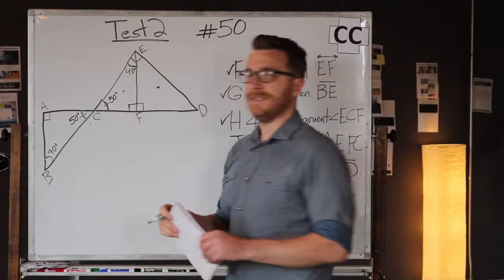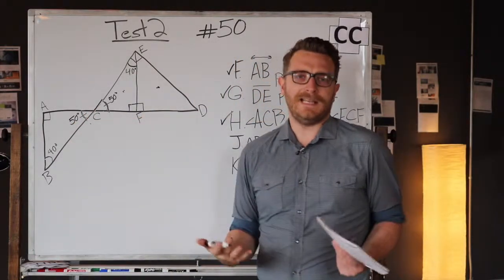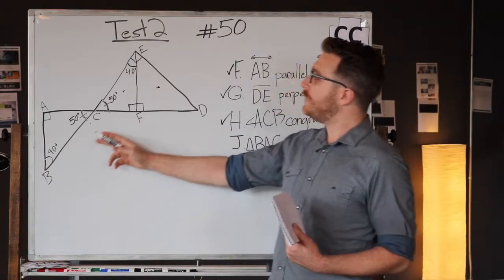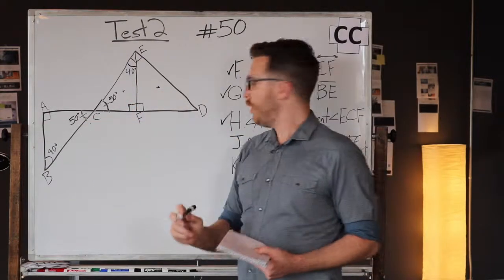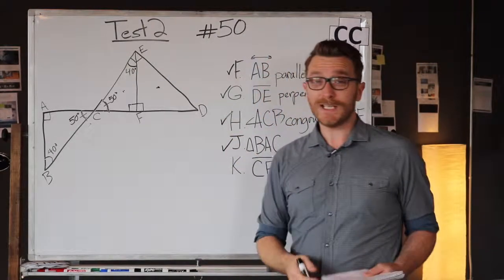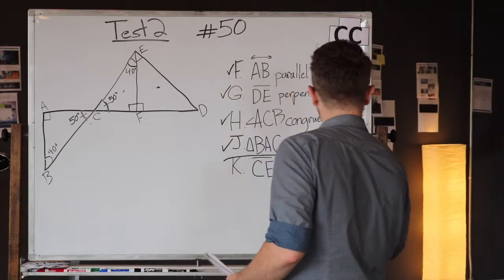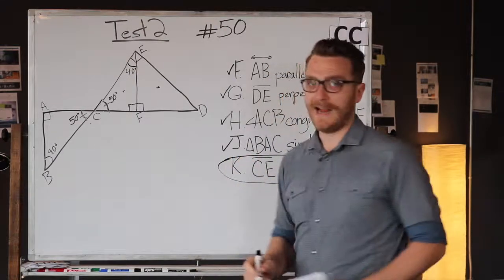Now I'm just using these numbers, they're easily divided by 10. I'm using them as an example. But that quickly shows me that these are 2 similar triangles. So J is also justifiable. Now that means, of course, K is our correct answer.